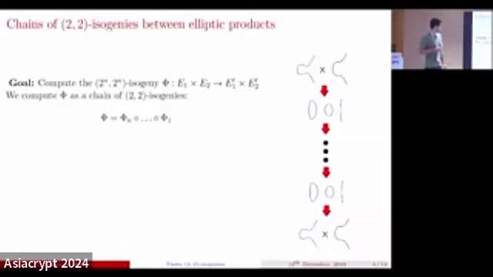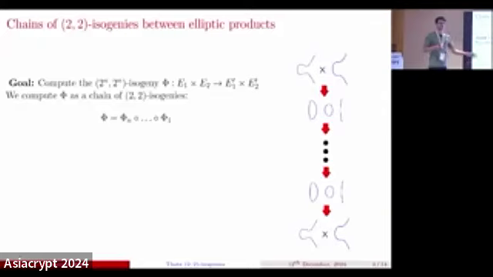So let's look at how this single isogeny looks. The first isogeny that you will encounter is an isogeny mapping from an elliptic product onto a Jacobian of a genus 2 curve.